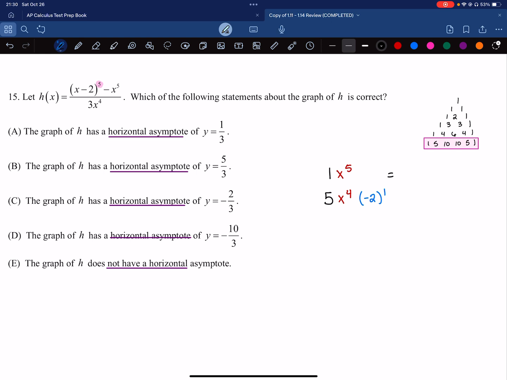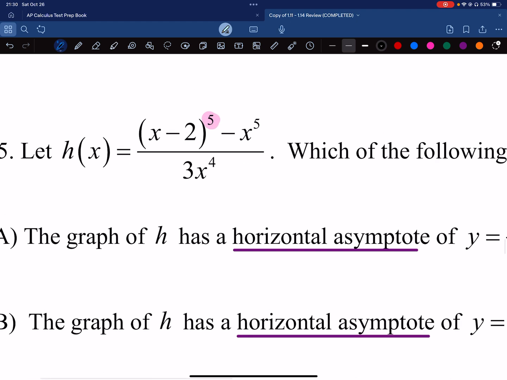So when this expands, this is going to be x to the fifth, and this is going to be a -10x to the fourth. So when we look at this, we know that we have x to the fifth minus 10x to the fourth plus dot, dot, dot, and then a minus x to the fifth. Well, what happens is these x to the fifths cancel out, and so then my degree on top ends up being a degree of 4.